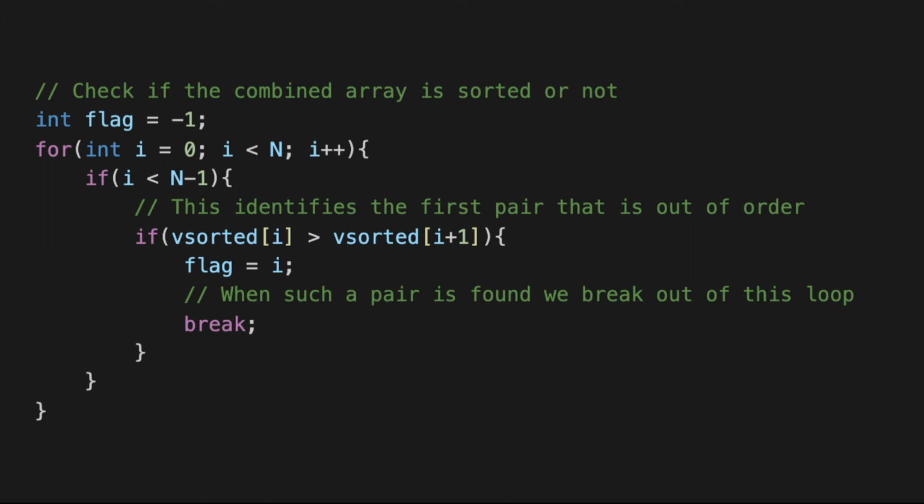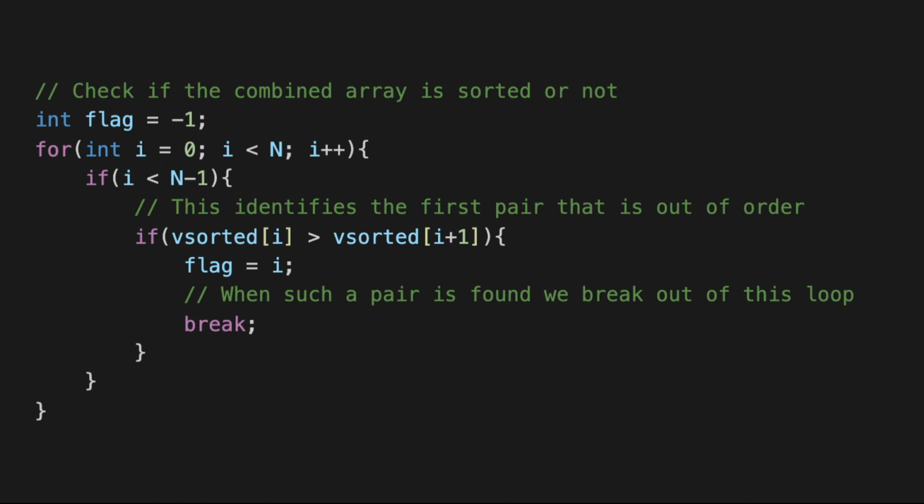You just go through the array step by step, and every time you are at the ith location in the array, just compare the ith element with the (i+1)th element, and if you have a problem, which is to say that the ith element is larger than the (i+1)th element, then you can trigger a flag to say that, okay, this is not sorted. And in fact, the flag can also double up to remember the location, so that you can just output the value of the flag as the answer.